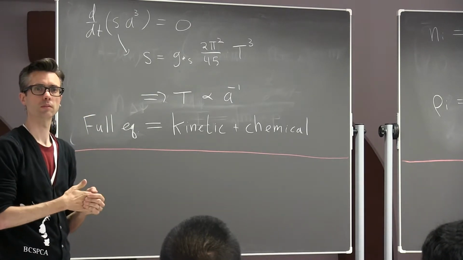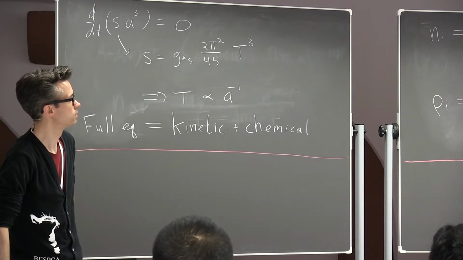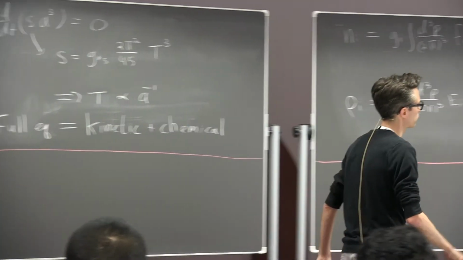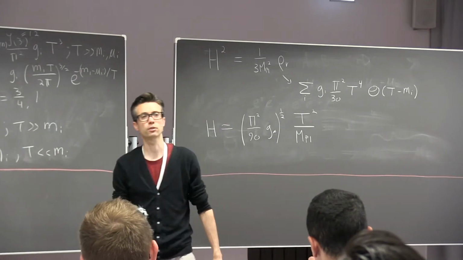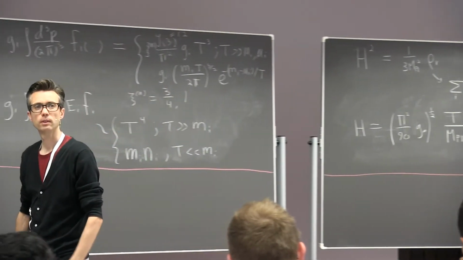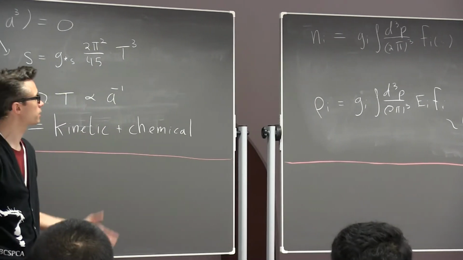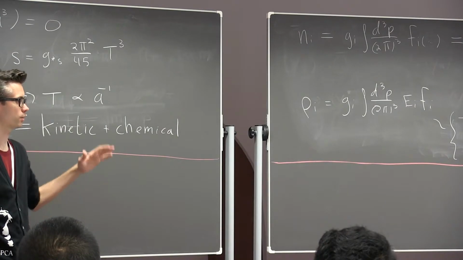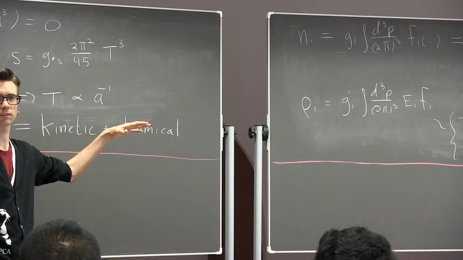Yes? Just a short question, just to be sure, these relations are all for radiation dominated. Yes. So for most of what we're going to care about for baryogenesis, we'll be in radiation domination. So I'm focusing on that case. For example, we know that we were radiation dominated at least at temperatures of up to 5 MeV from nucleosynthesis.